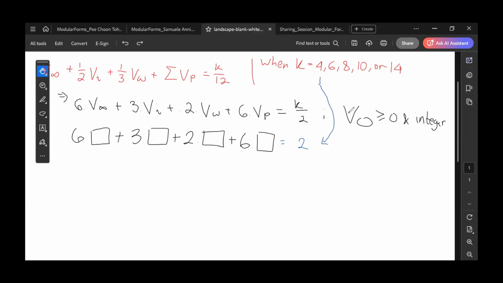As we can see, the only way to do this is to have these as 0, 0, 1, and 0. So there is only one way to express this.